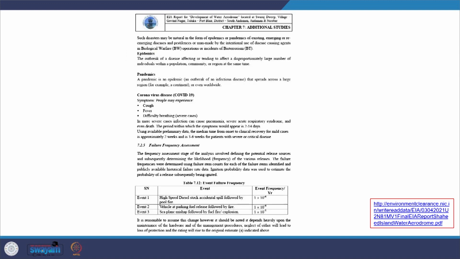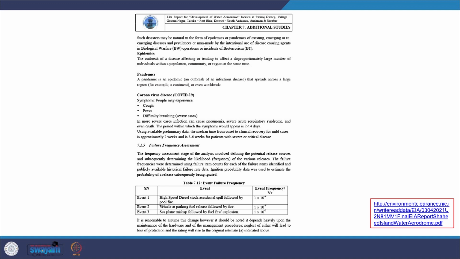Further, you can see a new subject coming here. It's related with epidemics, pandemic, and then COVID-19. So what can happen in this, given it's a very sensitive area, and what are the failure frequency assessments? So, event failure frequency: what event can happen?